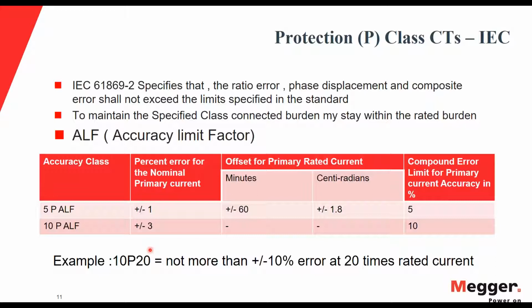At that value, my acceptable error is plus or minus 10%, which gives a huge range of acceptable error for application and protection purposes. And this is the most dominant class that you will find on most CTs out there in the field for protection classification.